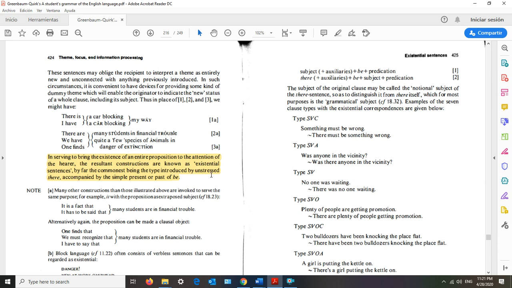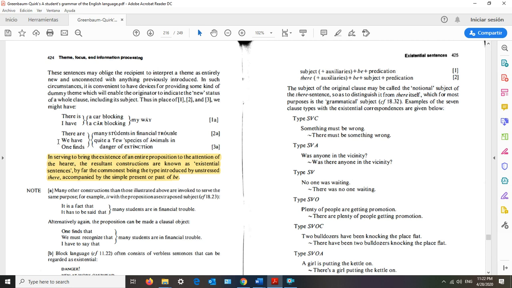So we have these three alternatives: the employment of an existential sentence that contains an unstressed there are many students in financial trouble, and also this construction with have, or the one that begins with one finds and then the entity that is presented into discourse.